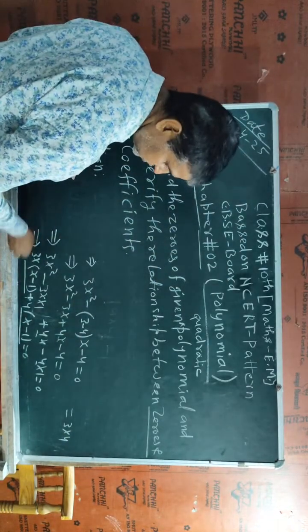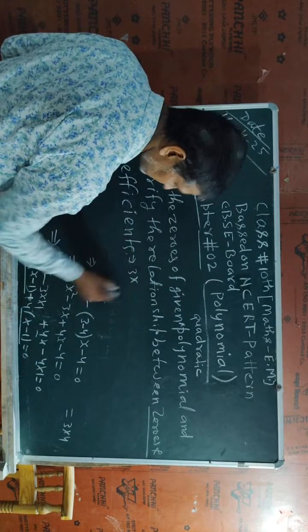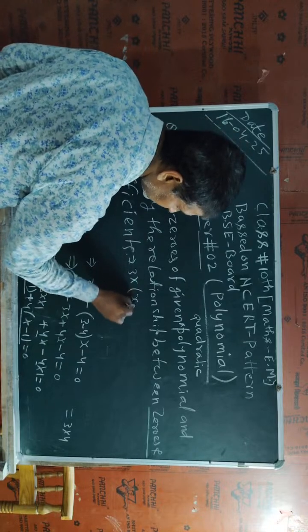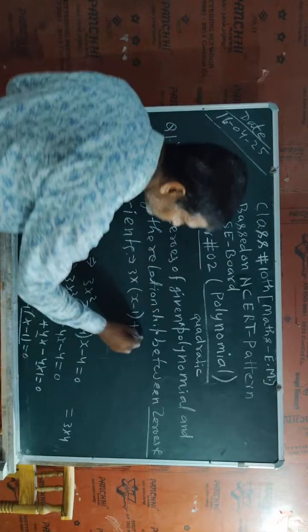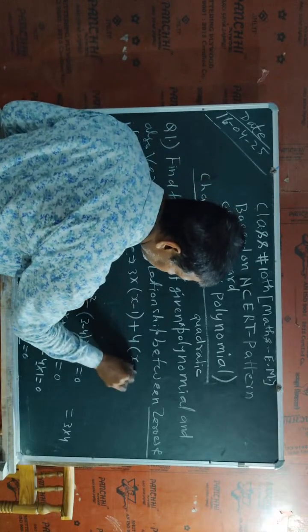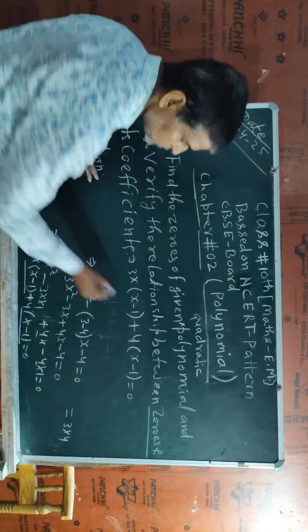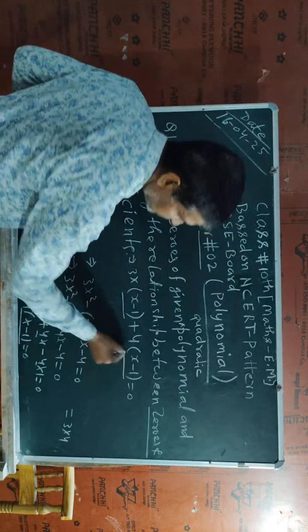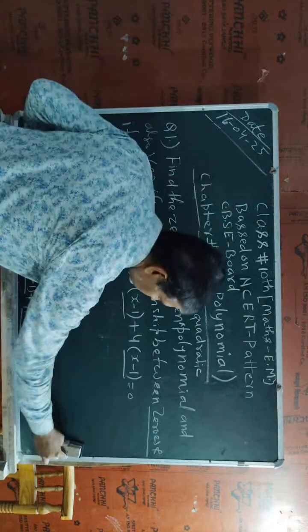I write again 3x, and in the bracket I write x minus 1 plus 4. In the other bracket I write x minus 1, which is equal to 0. Okay student, in both terms x minus 1 is common, so I will take x minus 1 out.